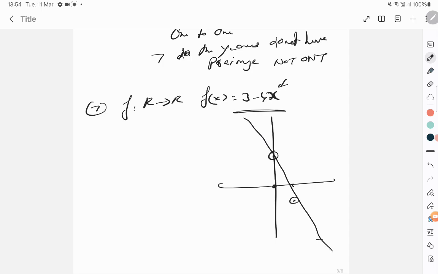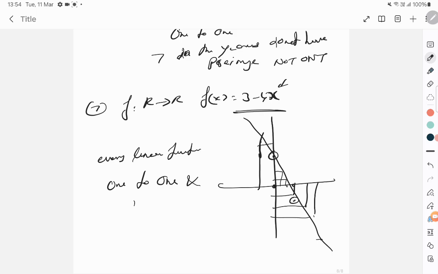So it's some straight line like this. Any linear function is 1 to 1 because every element on x will be uniquely related to a y value. Can you see? So that shows that it's definitely 1 to 1, because every linear function is 1 to 1 and onto.